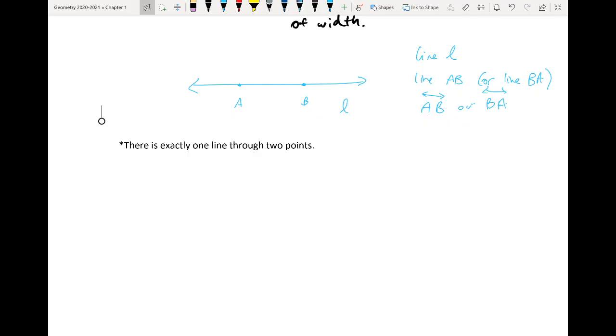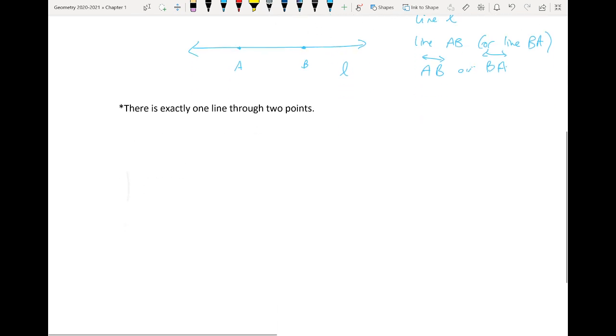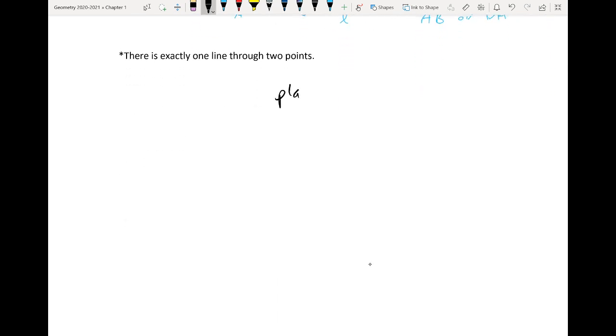Throw out a couple other things here. We're going to actually now discuss the plane. Okay, and the plane. So thinking about how a line, right?